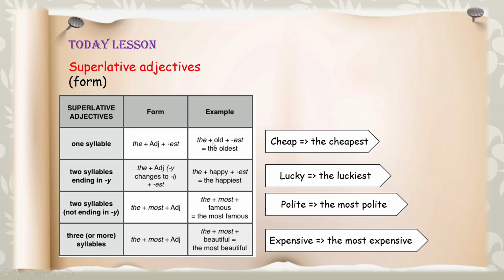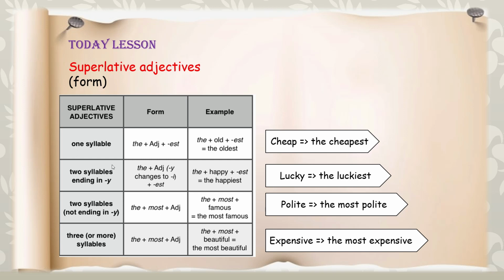The example is the word old. Old is a one-syllable adjective, so we put the word the plus old plus est, and it becomes the oldest. Here is an extra example: cheap becomes the cheapest.